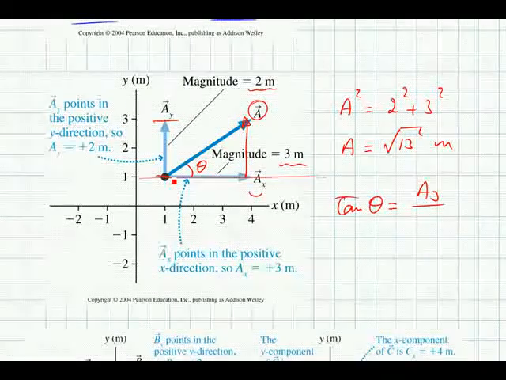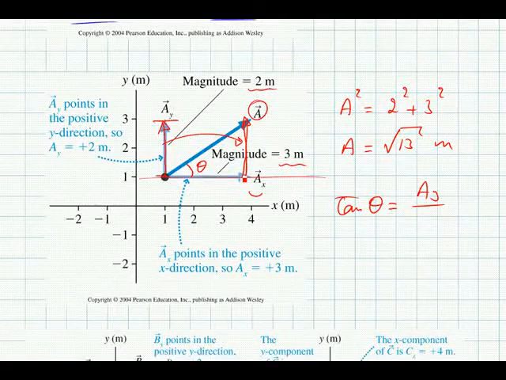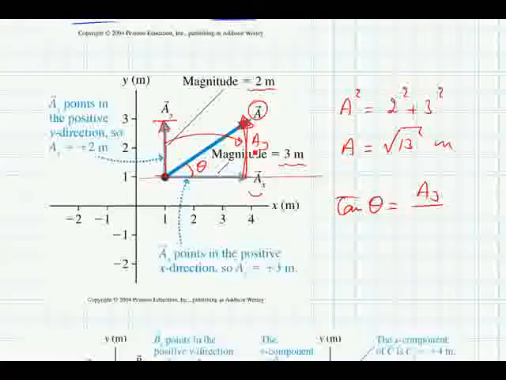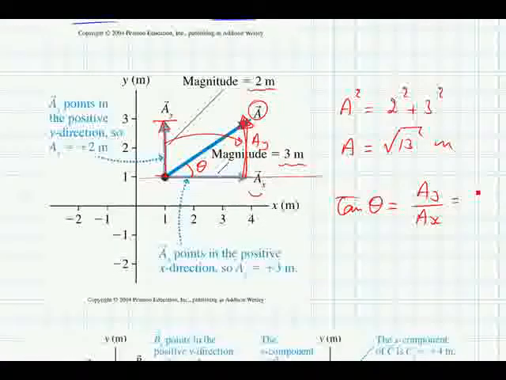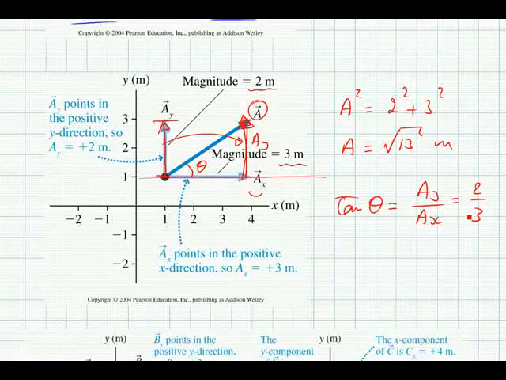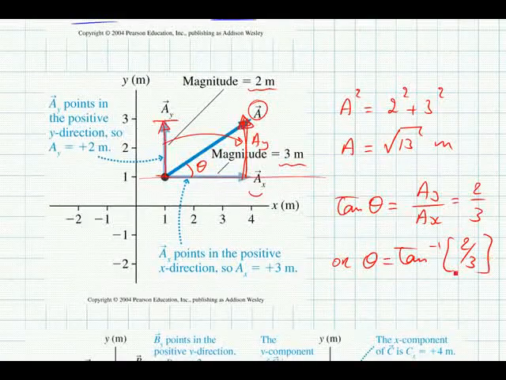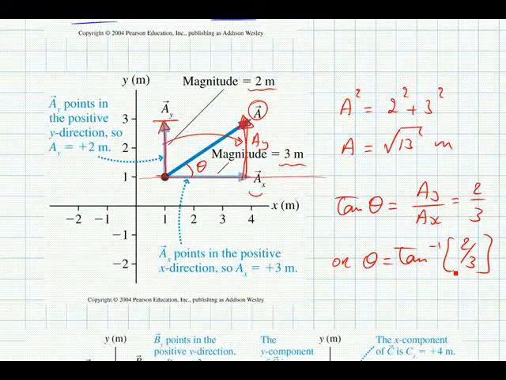The two vectors are identical. And if this is ay, then I can just bring it over here without changing its direction, and that's ay also. So ay over ax, which is 2 over 3, is tan theta, or theta is inverse tan of 2 divided by 3, whatever number that comes out to be.